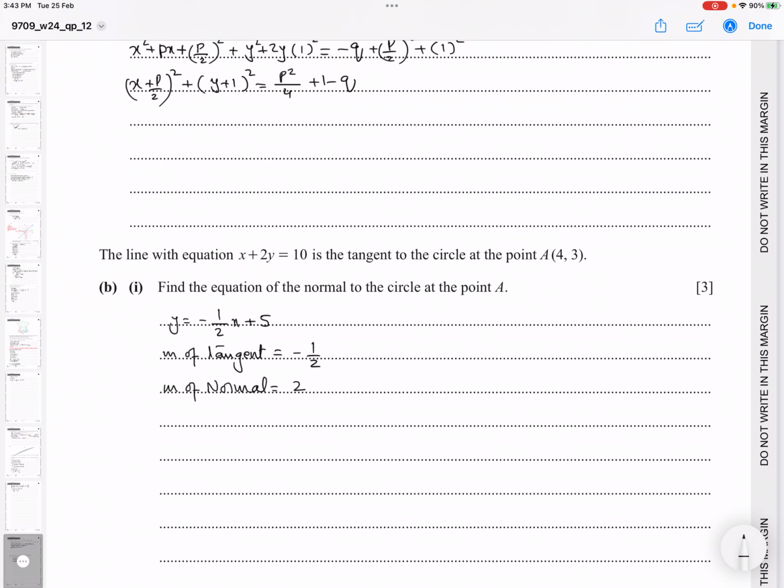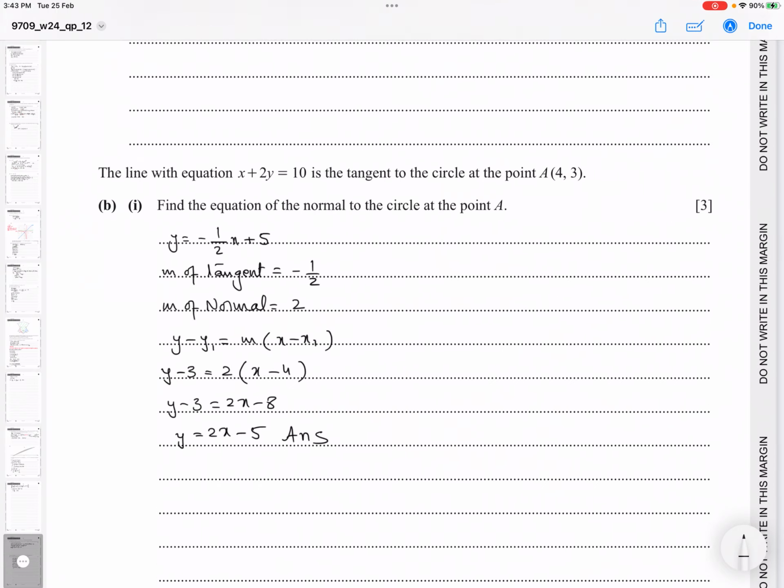The point is given, (4, 3), so I am going to use y minus y1 equals m times (x minus x1). So y minus 3 equals 2 times (x minus 4). So this is y minus 3 equals 2x minus 8. So y equals 2x minus 5 would be your equation of the normal.